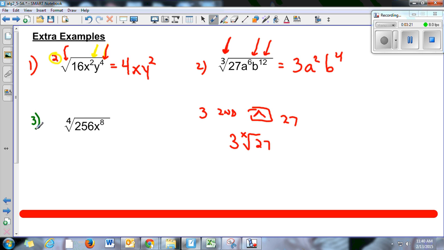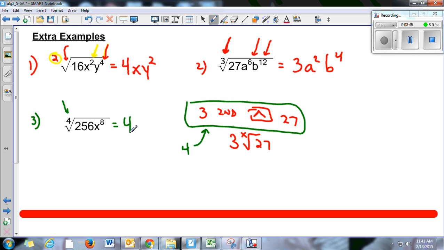So in example 3, we're now looking at the fourth root of 256x to the 8th. Again, I can apply the same thing that I just showed you with your calculator, but now just change this 3 to a 4, and now you're taking the fourth root of whatever number. In this case, 256, which we're going to find out is 4.